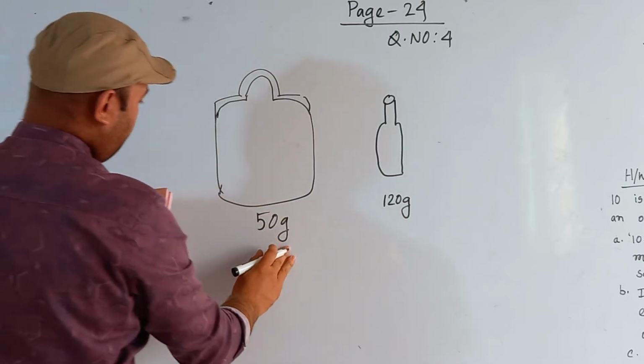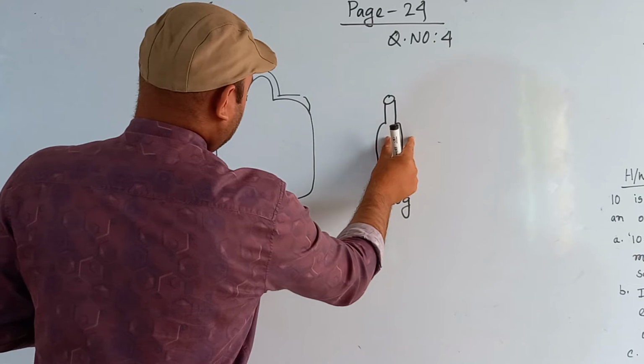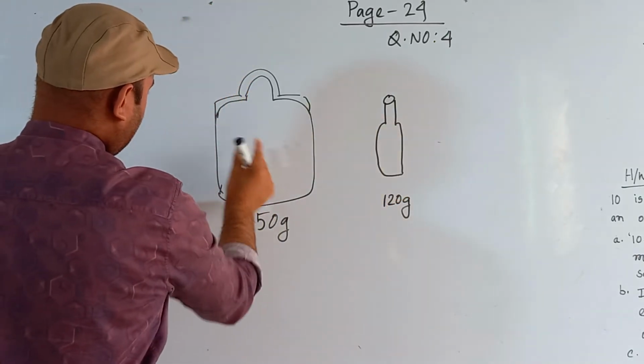Look here, here is a bag whose weight is 50 grams. And Meena put several of these bottles in this bag.